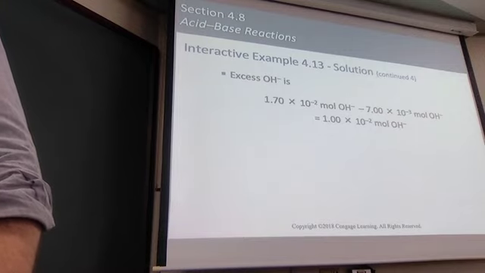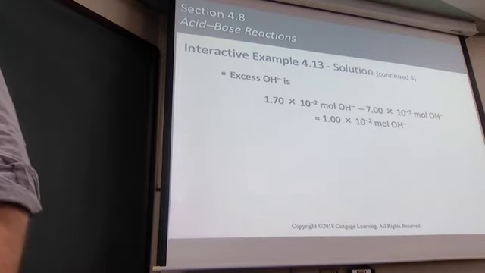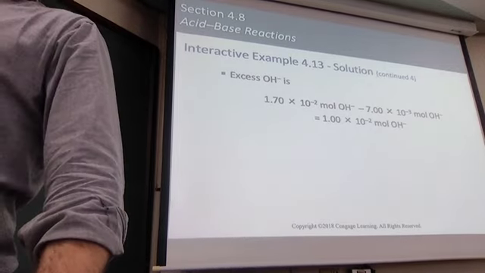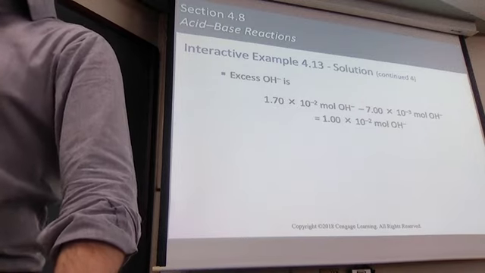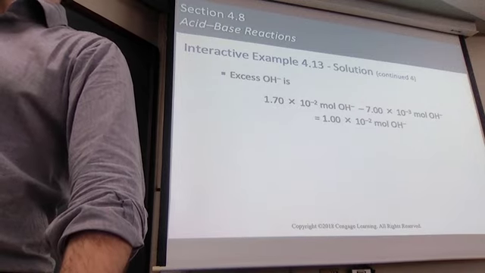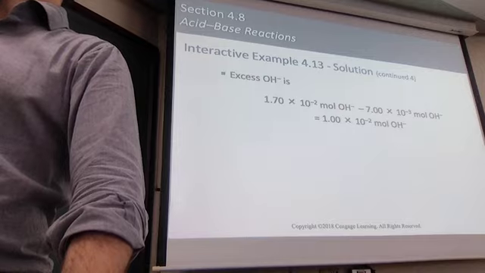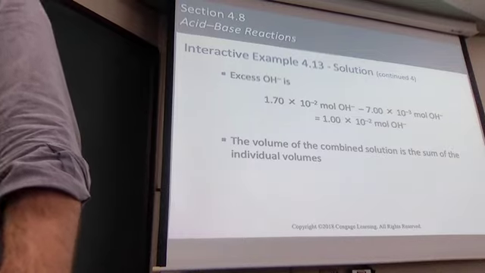So the original amount was 1.7 times 10 to the power minus 2 mole, and we consumed 7 millimole by reaction with the protons. And then we are left with 10 millimole of hydroxide.